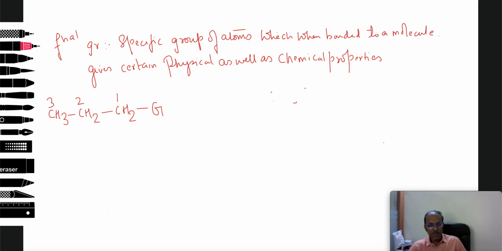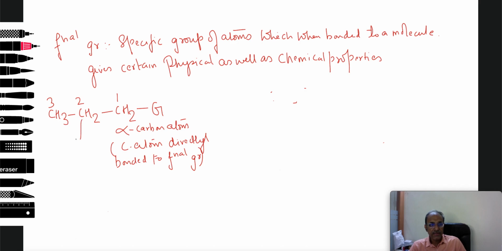So the first carbon which is directly bonded to G, that means the carbon atom directly bonded to the functional group is known as alpha carbon atom. This second, it is known as beta carbon atom.